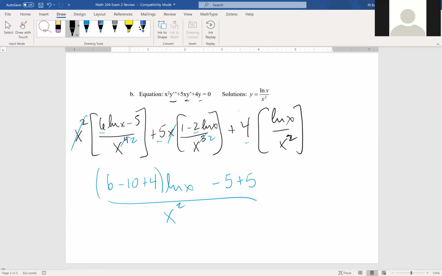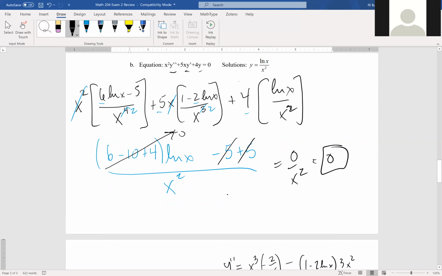Obviously, they cancel. This all adds to 0. And you get 0 equals 0. So y is a solution.